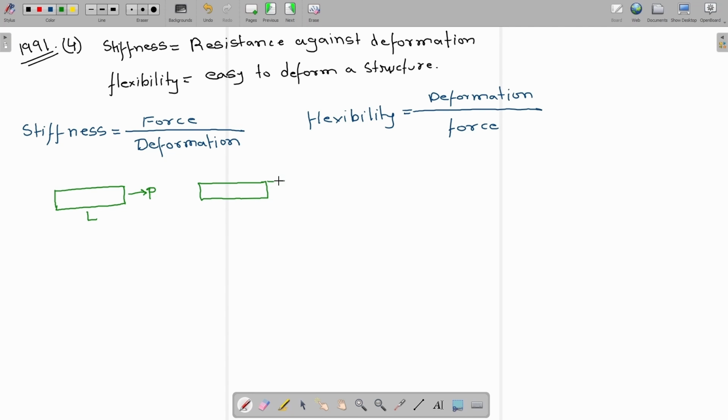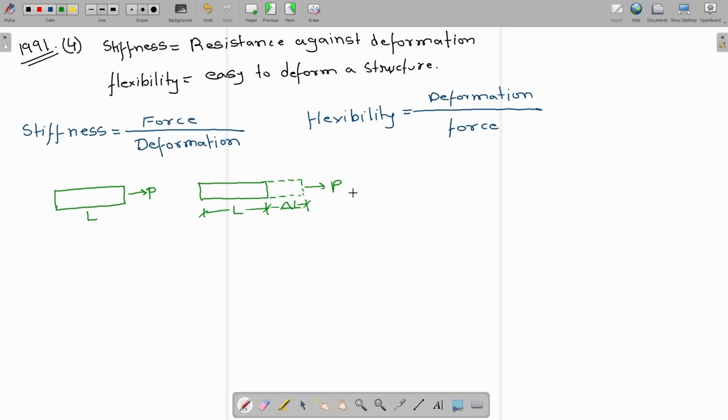The previous structural element changes in length. The change in length is delta L, and this is the original length. Okay.